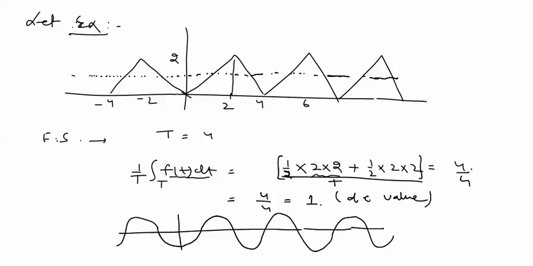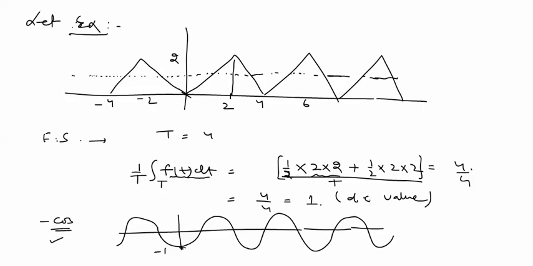Cos parallel to this means at 0 location the value is minus 1, so it is minus cos. All the terms are in terms of cos with a negative sign.